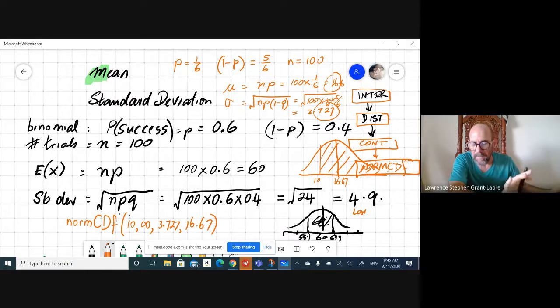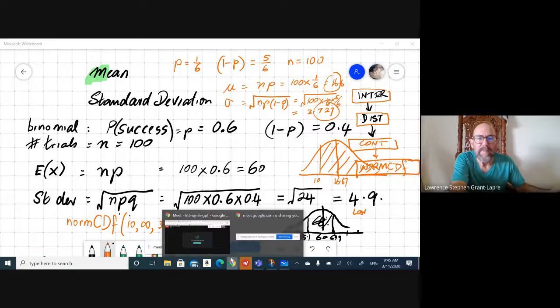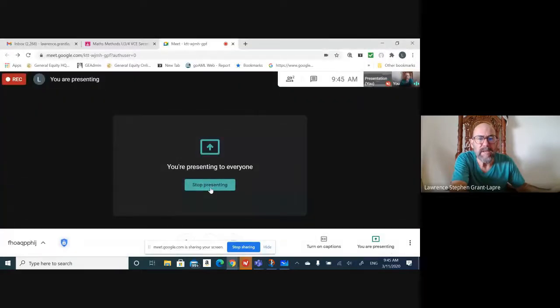Now, the probability of success is 50%, so the probability of failure is 50%. Using our formula for mean and standard deviation, the mean is np, and the standard deviation is the square root of npq.